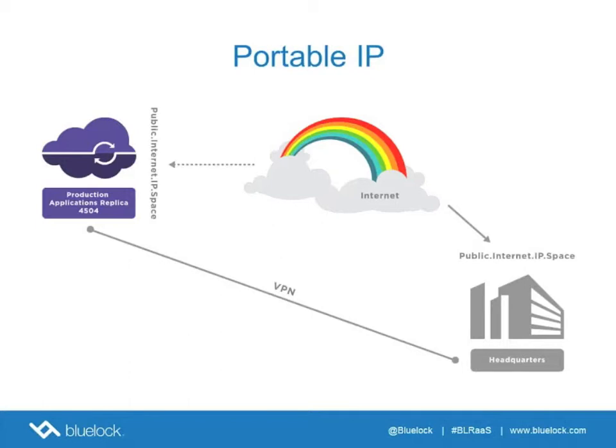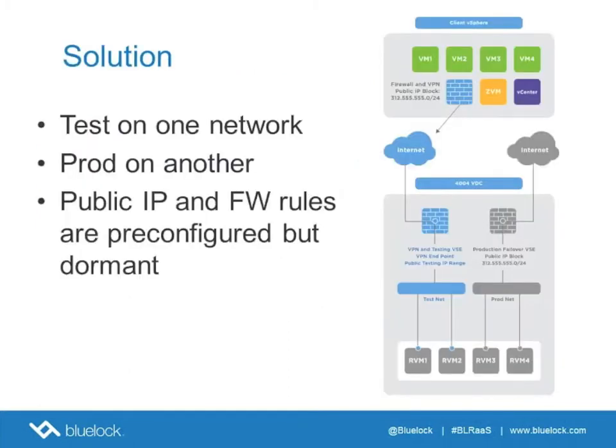We've helped them with that, but they brought up the question of, all right, we would like to test. We encourage testing. As a matter of fact, Bluelock's product includes testing. So how do we test without swinging their production IP address? The way that we approach this, our team worked with theirs to architect a testing model and a production model.